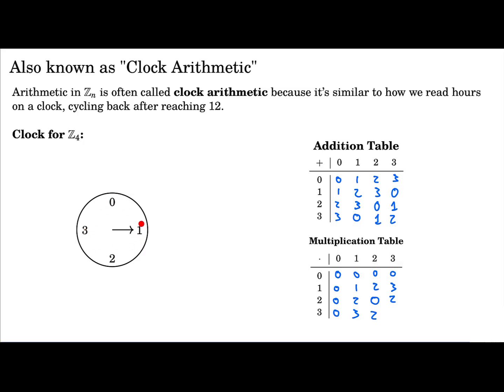Here we go. 9 will be this. And so this is the clock arithmetic, or also the modulo arithmetic. This is how it works in Z4. And again, the other way of thinking about it is in terms of congruences. All of these different ways, we're talking about the same thing, but sometimes it's useful to think of them in different ways.